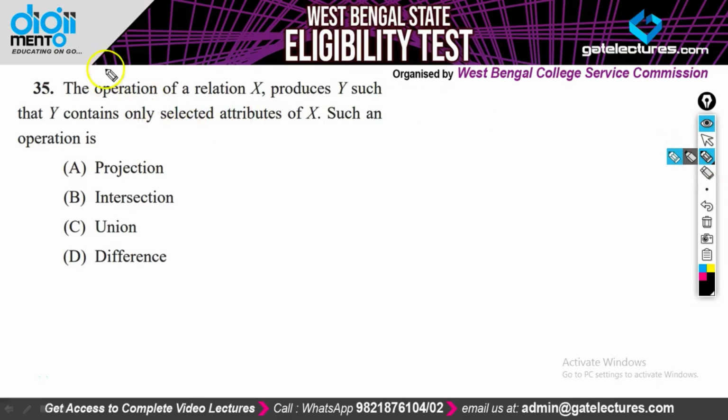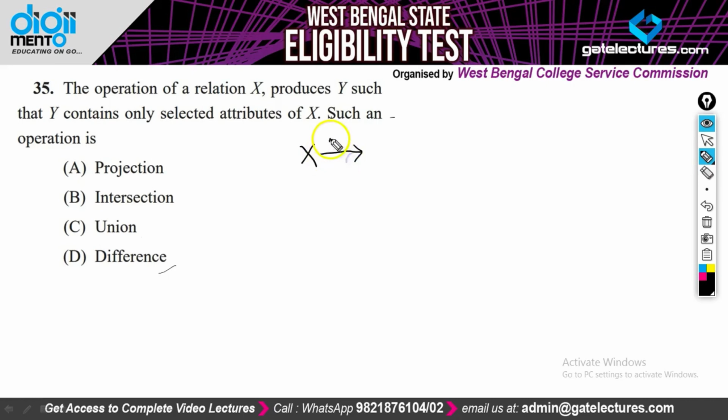So here we have a question which says the operation on a relation X produces Y such that Y contains only selected attributes of X. Such an operation is either projection, intersection, union, or difference. Okay, so this is a question from databases. We will see what it is trying to say: we had X, a relation, with some attributes.